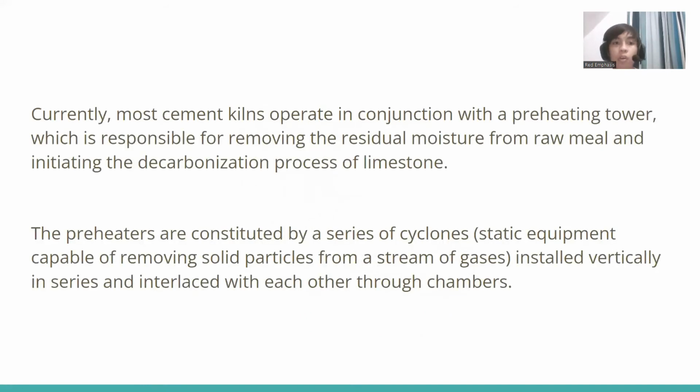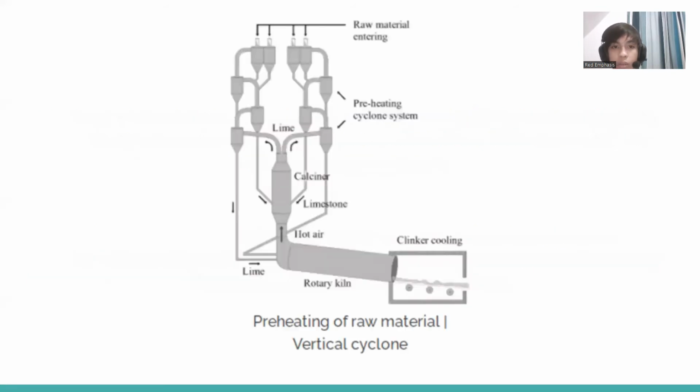Currently, most cement kilns operate in conjunction with the preheating tower. As you see in this diagram, the cyclone is right beside the kiln.